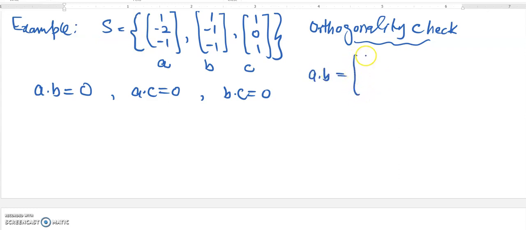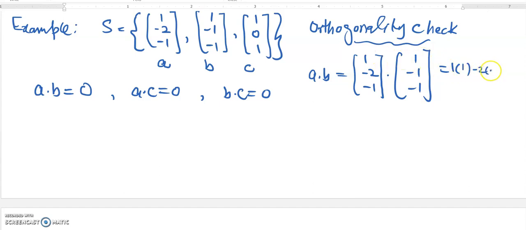So what is A dot B? A dot B will be 1, minus 2, minus 1, dot 1, minus 1, minus 1. It will be 1 into 1, minus 2 into minus 1, and minus 1 into minus 1. Okay, let me check again.